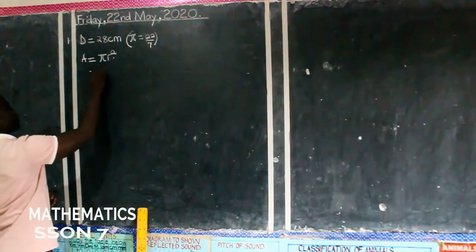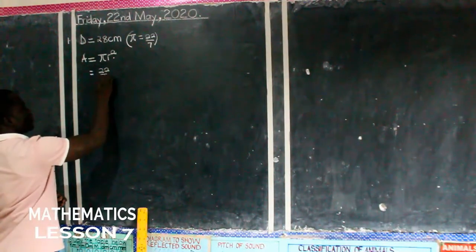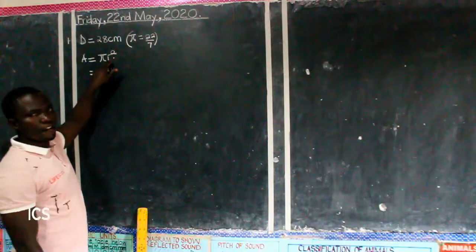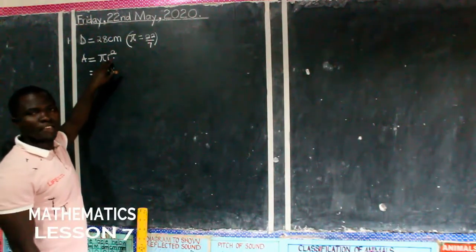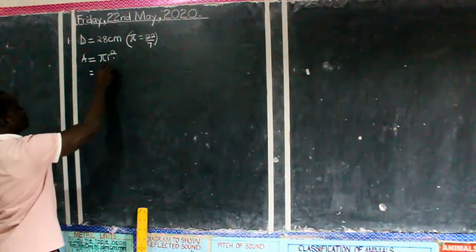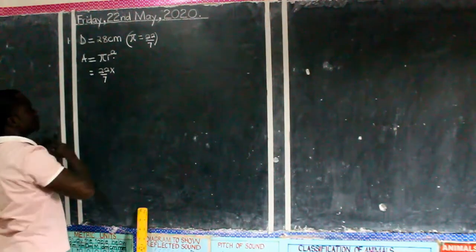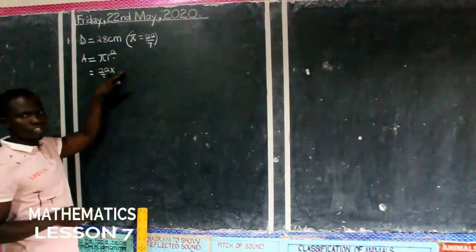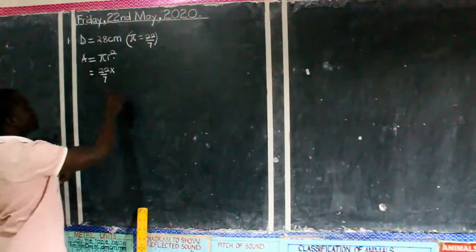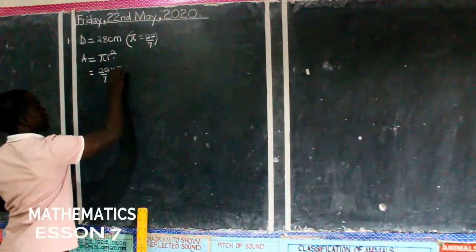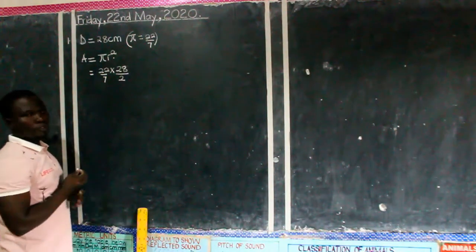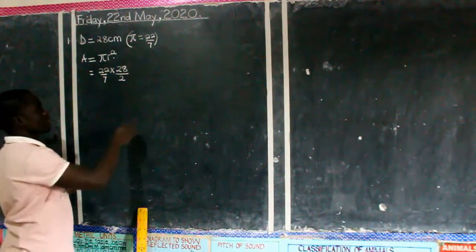So here we shall have 22 out of 7 times, we say that r squared means that we're going to multiply the radius times the radius. So the radius was not given, but we're given the diameter. And we say that if you want to get the radius, get the diameter, divide it by 2. It is now radius.